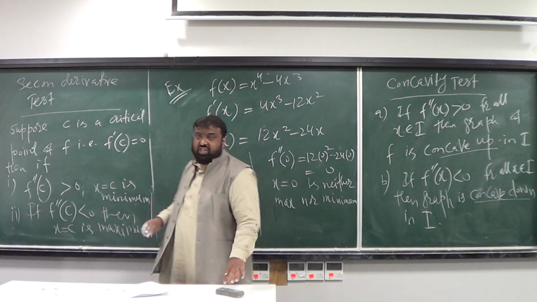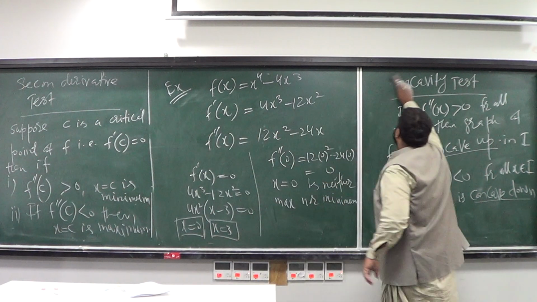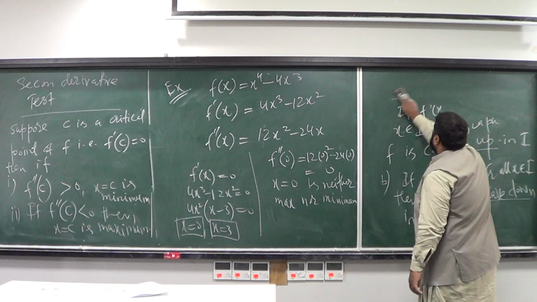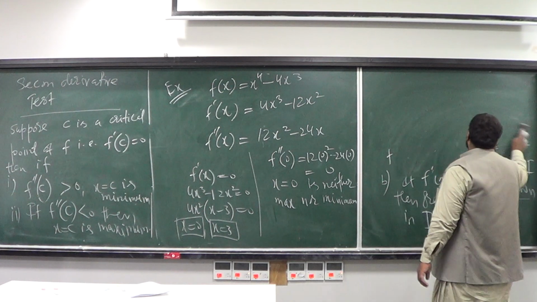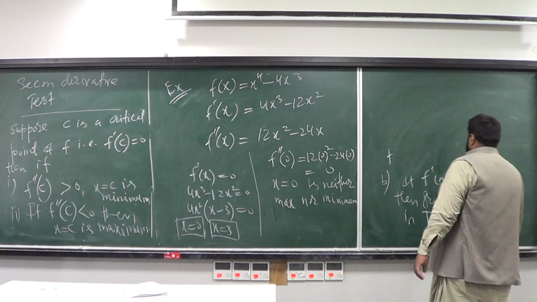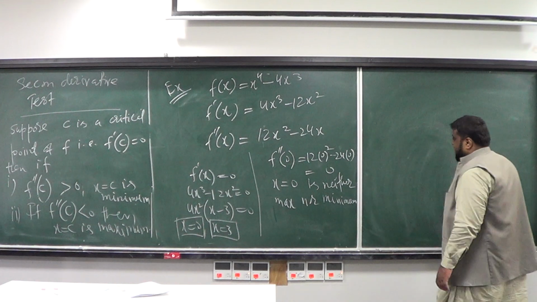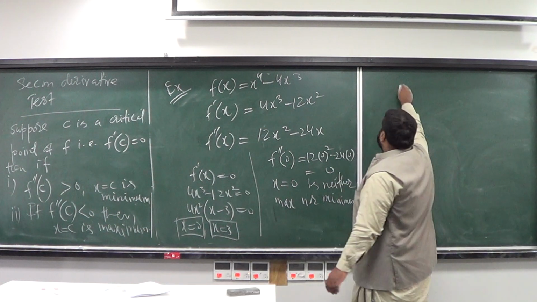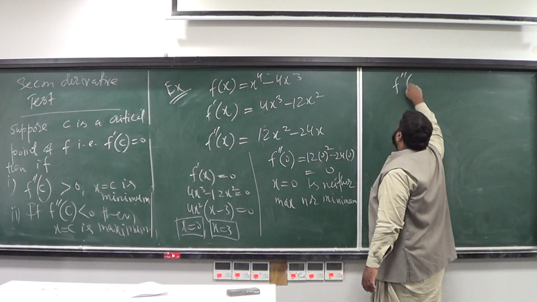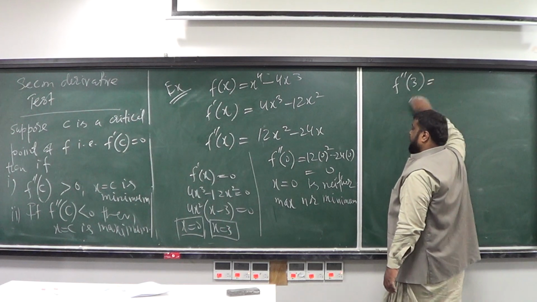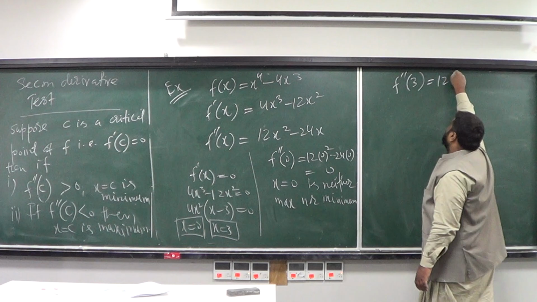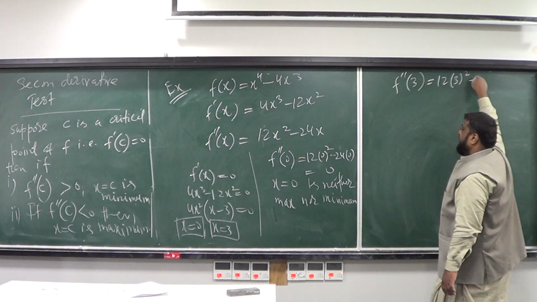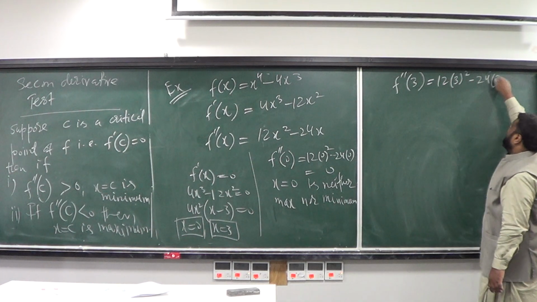So you see, the second order derivative test is very simple to apply. Now take the second critical point and substitute it into the second order derivative. F double prime of 3: this is 12 times 3 squared minus 24 times 3.